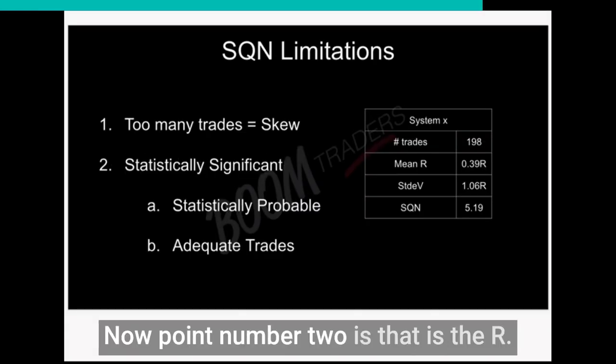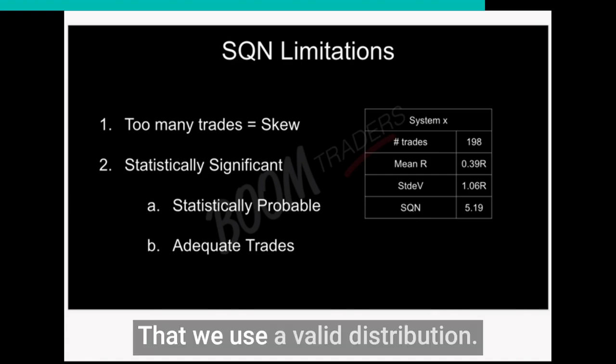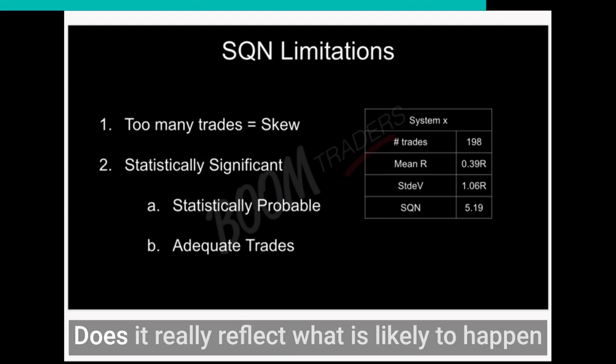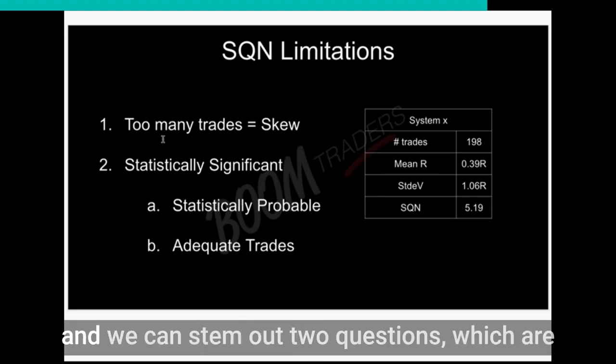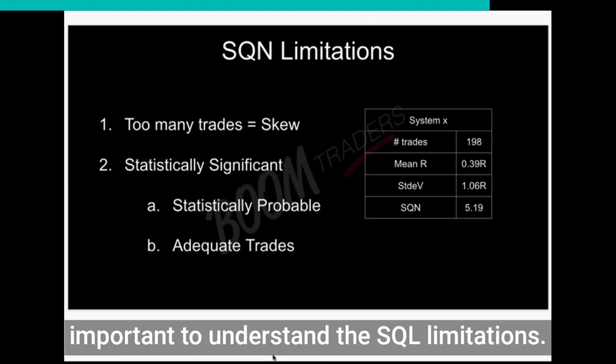Now, point number two is the R multiple that we use. Is it a valid distribution, i.e., does it really reflect what is likely to happen? And we can stem out two questions which are important to understand the SQN limitations.